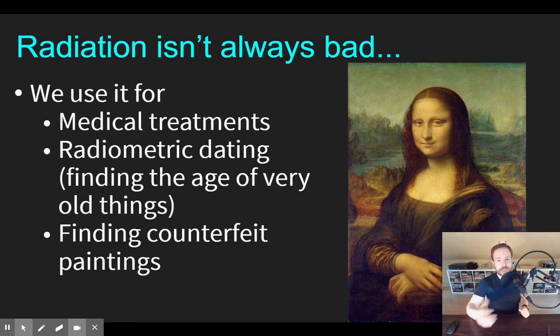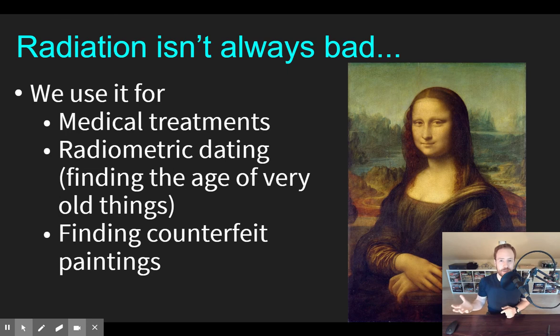There are even some crazy examples of how radiation is used, like it can be used to find counterfeit paintings. Because when we started making and setting off atomic bombs, this is kind of crazy to think about, we permanently changed the structure of our atmosphere and our world. We introduced new elements to Earth that had never existed on Earth before by setting off atomic bombs.